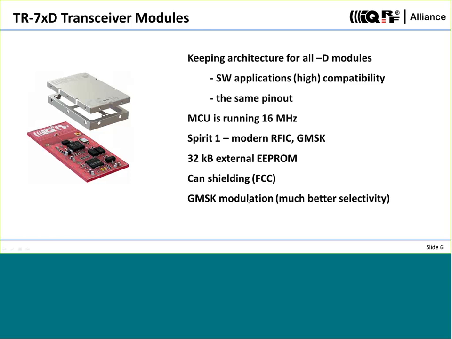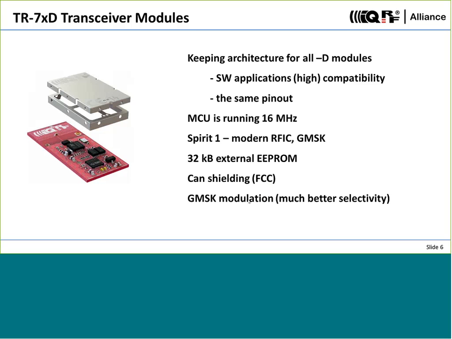GMSK modulation has a lot of benefits. One of them is definitely much better selectivity. So far we were saying you cannot use in one environment, let's say, channel number 10 and channel number 11 because there would be collisions. But with these new modules, you can use every single channel, like channel 10 and channel 11, and the modules will not interfere at all.